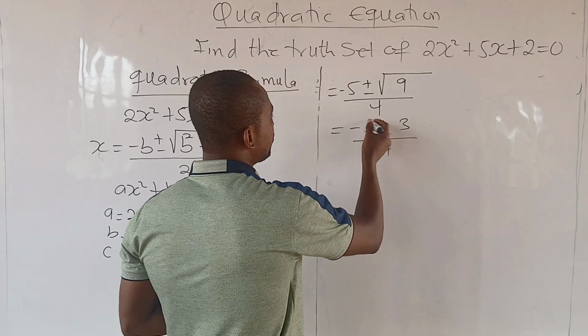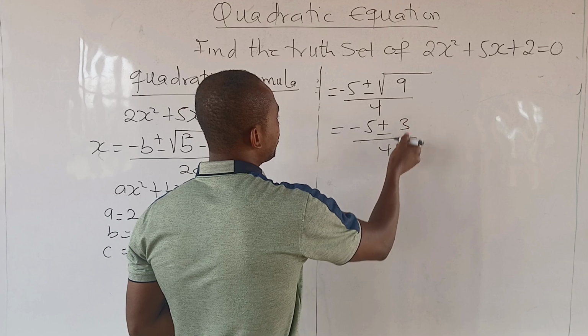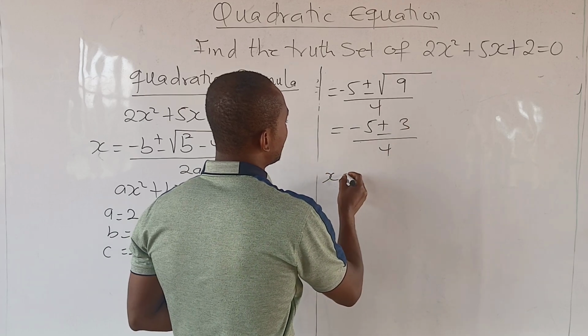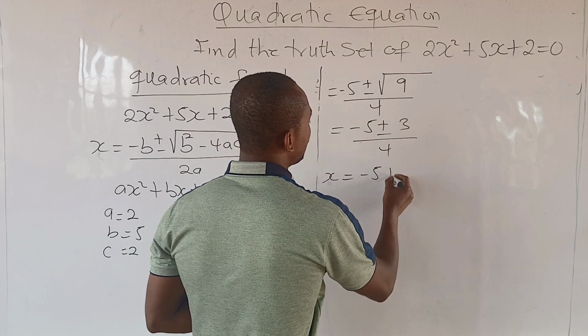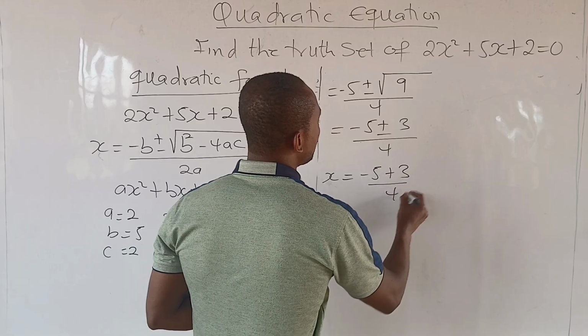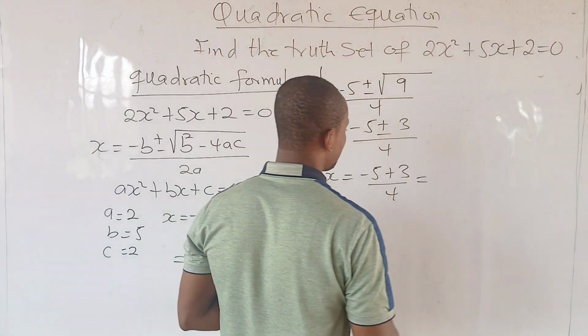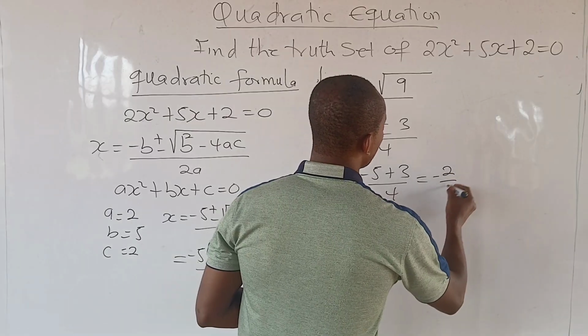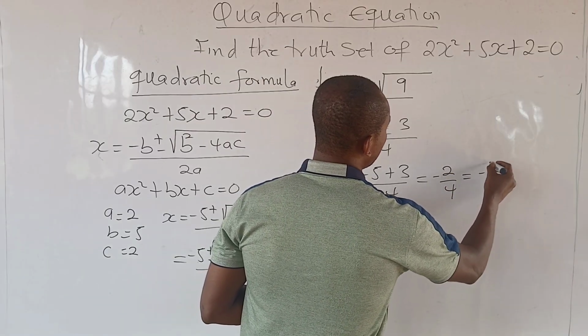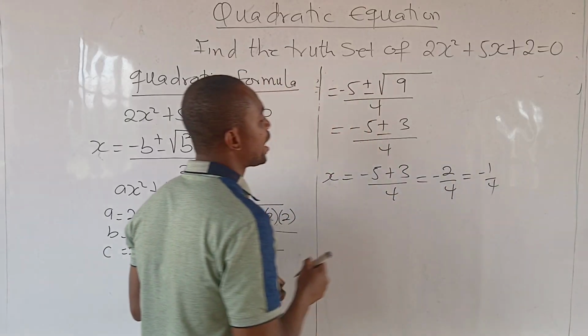So you take the negative 5, the positive sign, and the 3 on 4. So you're going to get x equal to negative 5 plus 3 on 4. Then you solve the numerator here. That will give us negative 2 on 4, which will be negative 1 on 2, the final answer.